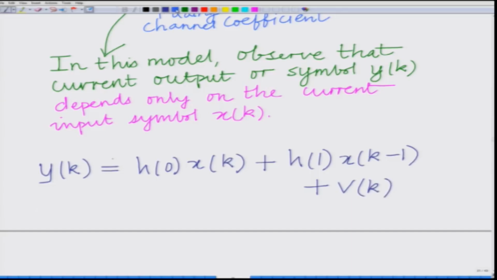If you look at this model, Yk is again the current symbol at time k, and xk is the current transmitted symbol at time k. That aspect is fine.